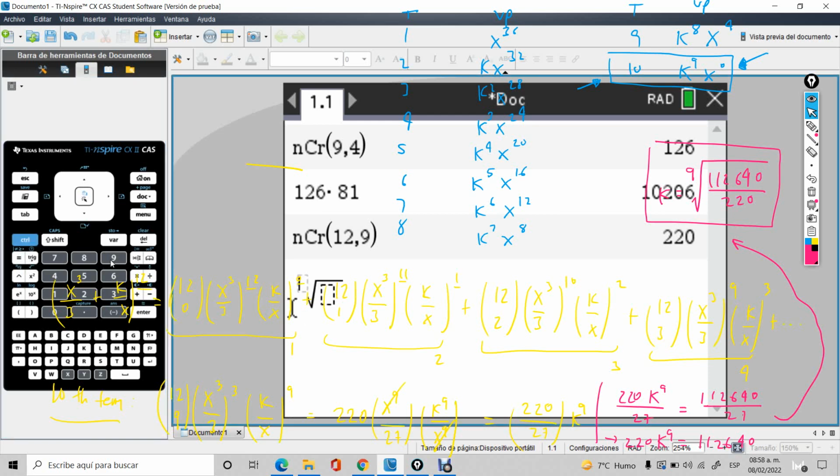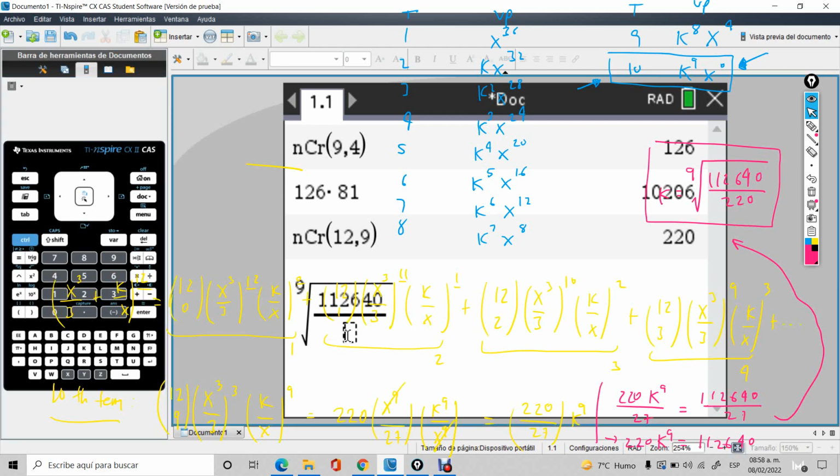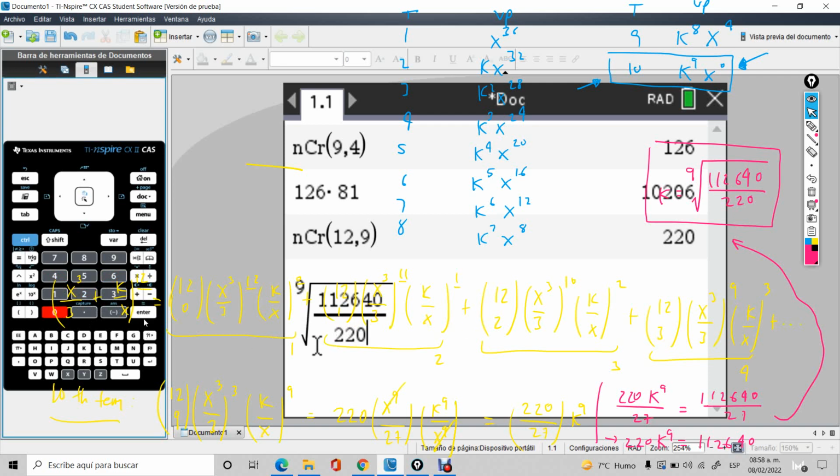There you go. The 9th root of this fraction. Let's open the structure for fraction. 112,640 over 220.